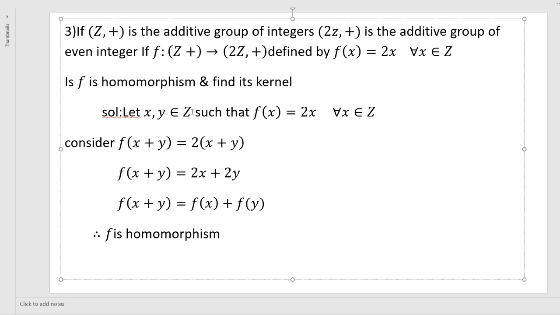Let x, y belong to Z such that f(x) = 2x for all x belongs to Z. Consider f(x + y), that is equal to 2(x + y), because the function is defined like this. So 2x + 2y. 2x is f(x), 2y is f(y). That is, f(x + y) = f(x) + f(y). This shows that f is homomorphism.